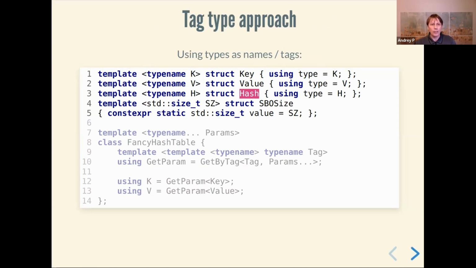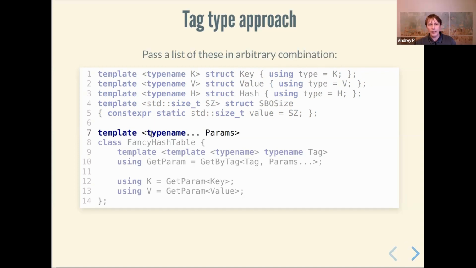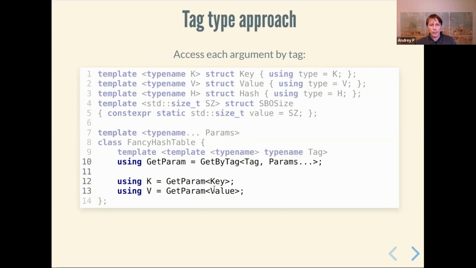And then you pass them as a variadic list of parameters, and query them by tagging your implementation, just saying get param and then use the tag, like get key, get value out of those specified parameters.